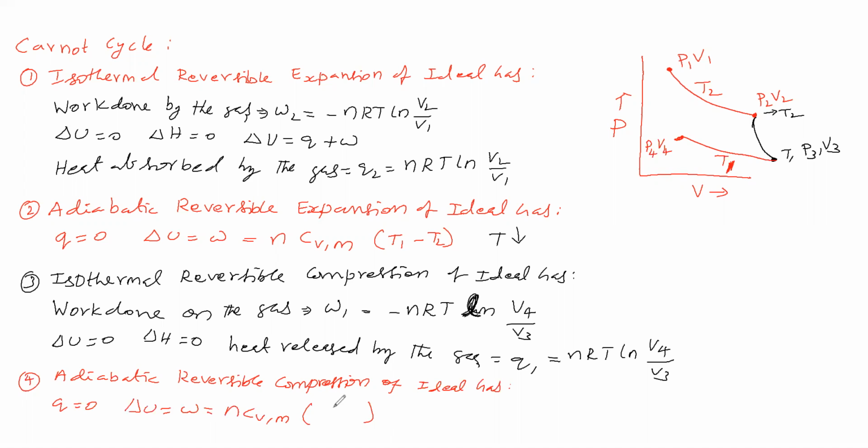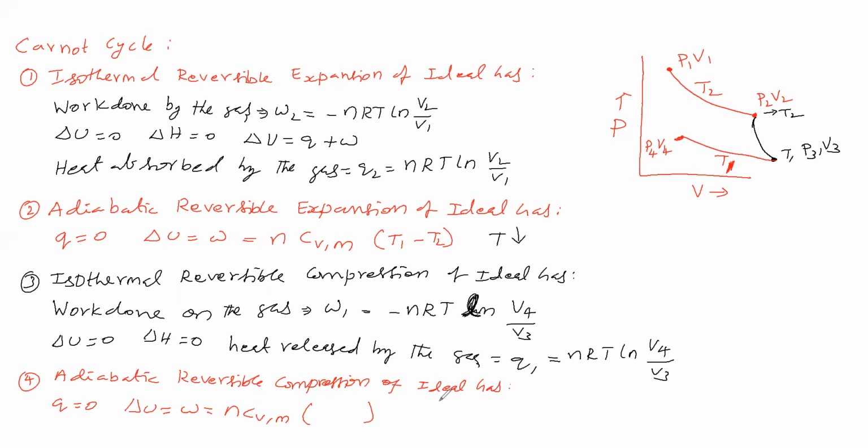Here compression, in the sense external is doing work on this. Therefore, this ideal gas is receiving work. Receiving work, in the sense what will happen? Its internal energy will rise because Q is equal to 0. It cannot release heat to the surrounding, but it receives work, it receives energy.